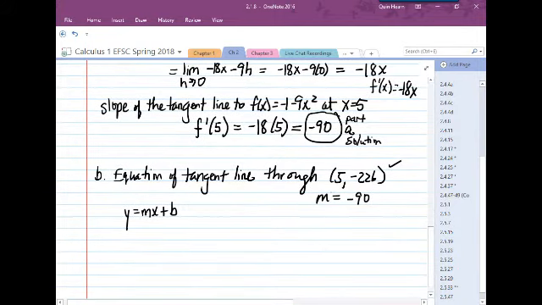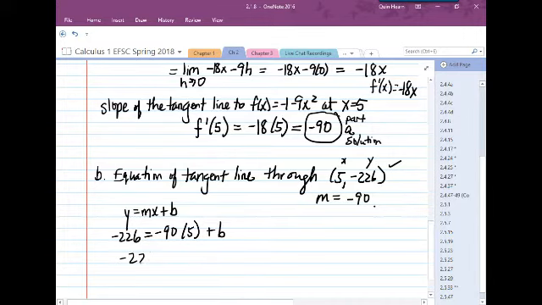And all you need here, you have an x value, you have a y value, that pair must satisfy this equation. We have m, and we can just find b. So I'm going to plug in negative 226 for y, negative 90 for m, and 5 for x, and I'm going to solve for b.